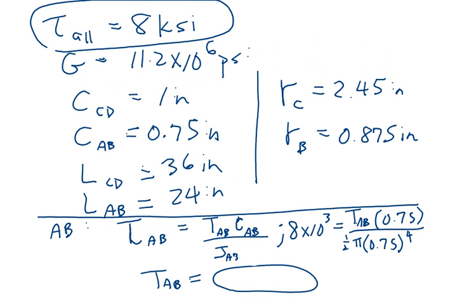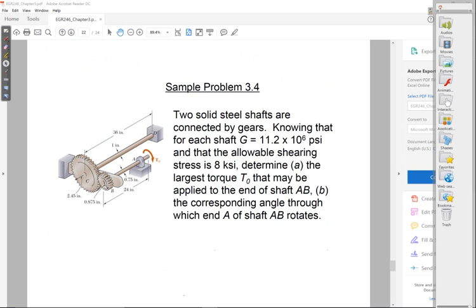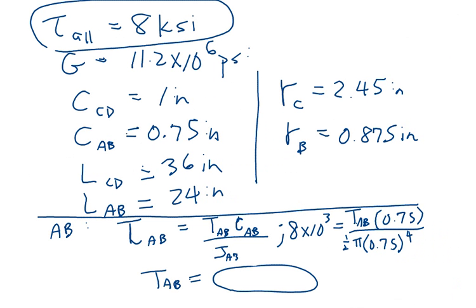If you think about it, or if you look at what the problem is asking, they're asking for the largest torque that can be applied to the end of shaft AB. Meaning they're looking for the largest torque AB, not the largest torque CD. So how are the torques AB and the torque CD related?